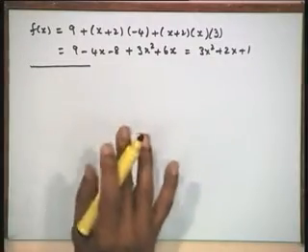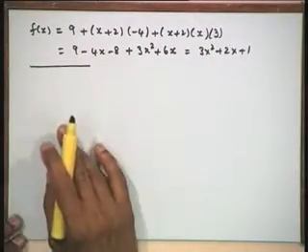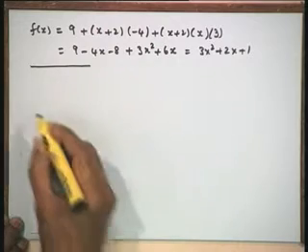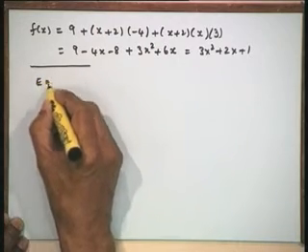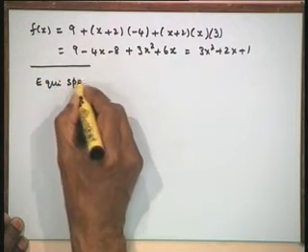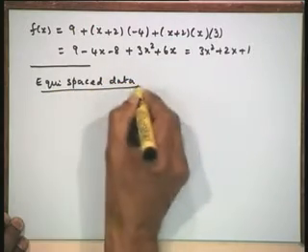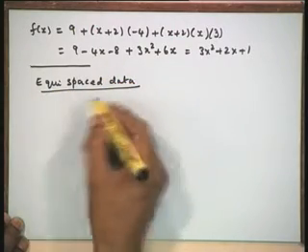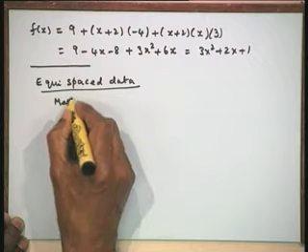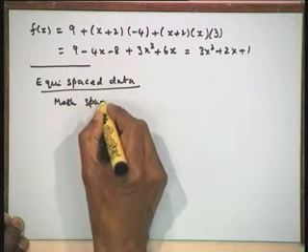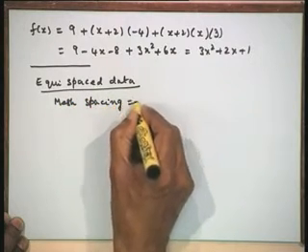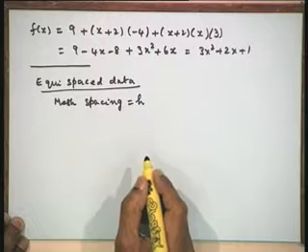Let us see how we get that one, and for that we shall define some operators and use those operators to derive the formulas. So, let us take the case of equispaced data. Let us take the mesh spacing as some h.